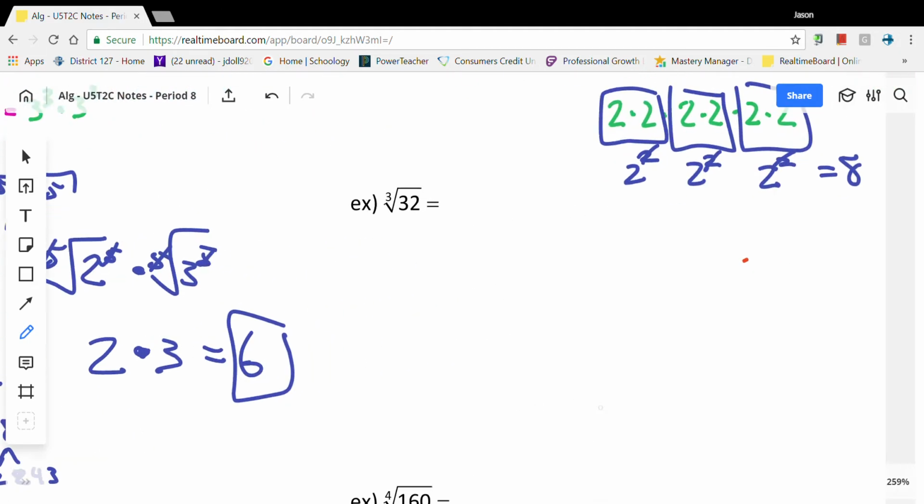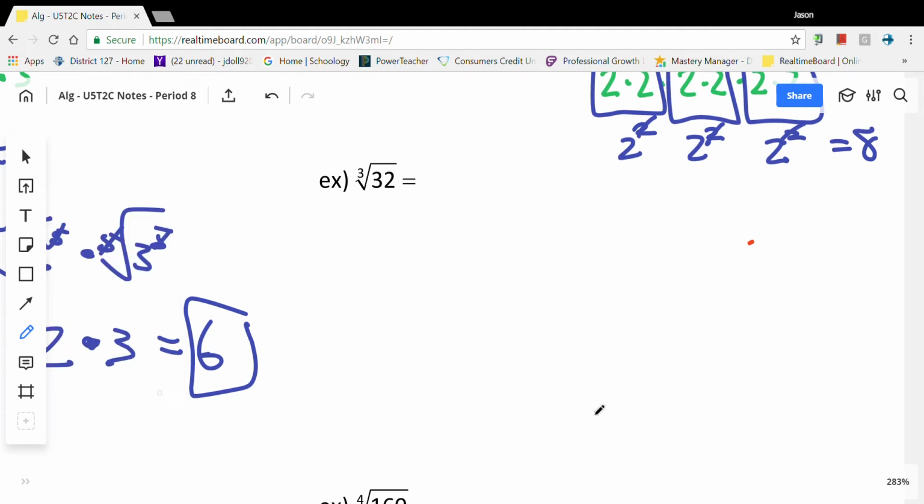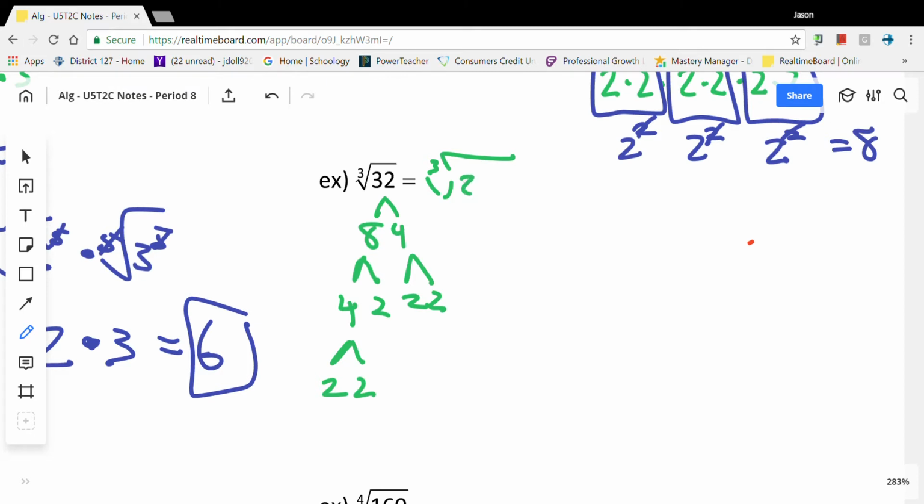All right, third root of 32. Again, we break down 32 to 8 and 4. 8, 4 and 2. 4, 2 and 2. So again, I have 5 factors of 2 here, but again, I only want a power of 3. So I'm going to write them as 2 to the 3rd times 2 squared.